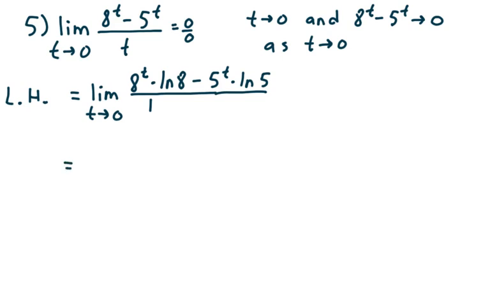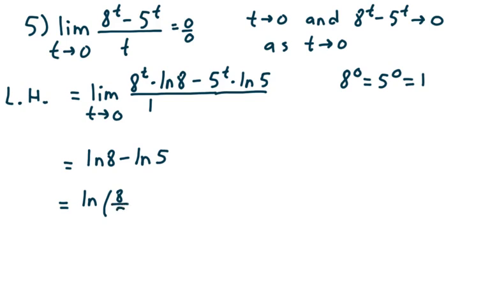So I'm going to replace t with 0. Now remember, 8 to the 0 equals 5 to the 0 equals 1. And so this is natural log of 8 minus natural log of 5, which is equal to natural log of 8 divided by 5. So it's a good question. And let's take a look at another one. So let's take a look at example 6.